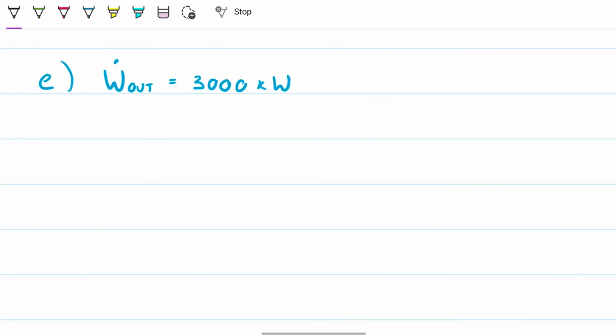All right, so now on to the last bit: what is the mass flow rate if we have 3,000 kilowatts being generated? If we have 3,000 kilowatts being generated, it means the difference between the Q in, Q out, and pump work leaves over the 3,000.